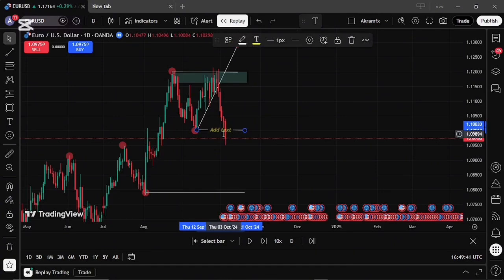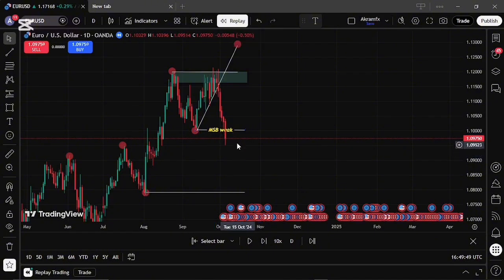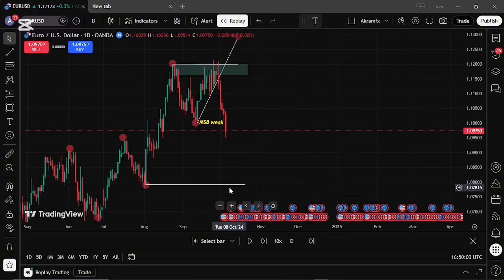It's weak because we do not know, prices can still return and go upwards. So all we want to see is if prices can come and break this higher low that created the deepest higher high, so that we consider that the trend is now turning bearish, that buyers have changed momentum.